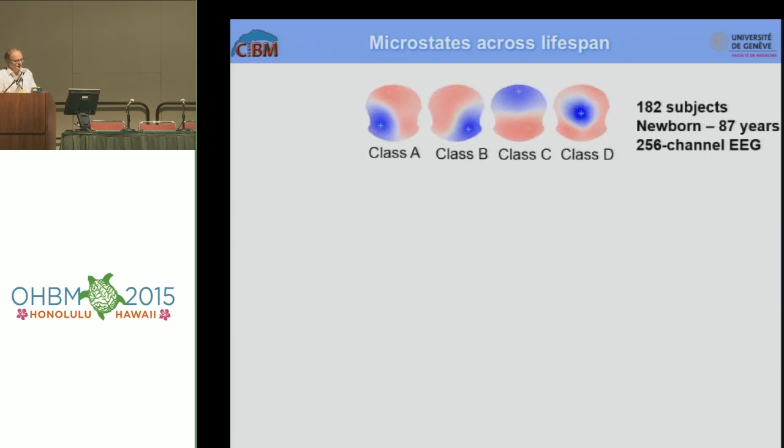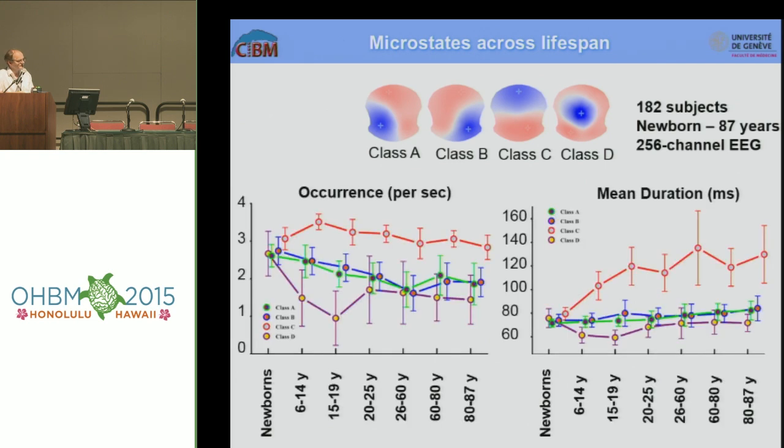And we again ended up with these 182 subjects, ended up with these four prototypical maps, using a k-means cluster analysis, explaining again around 80% of the variance in all these subjects. We have subjects from newborns up to 87 years of age, and we looked at the development of the duration of these maps across the different age periods.